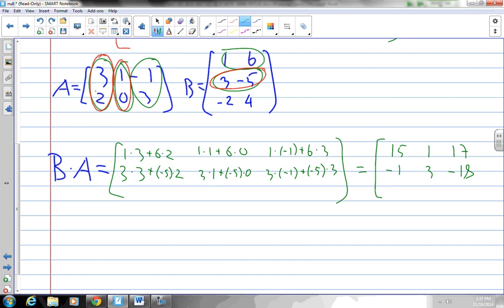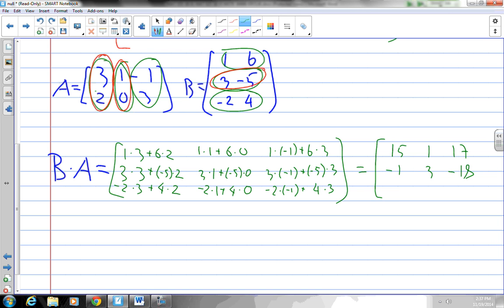So the final one is, so with the negative 2, right? So it's negative 2 times 3 plus 4 times 2, and then negative 2 times 1 plus 4 times 0, and then negative 2 times negative 1 plus, is here okay?